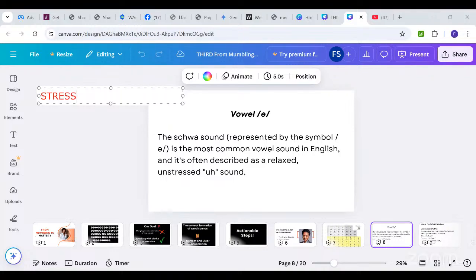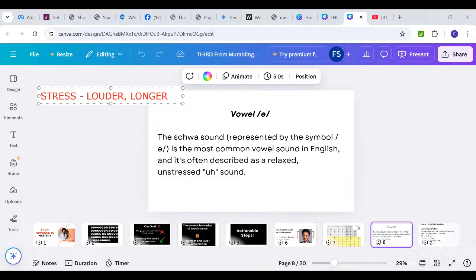In English, when we have a word that has more than one syllable, it is important that we stress a part of the word. So the syllable we are stressing is usually called the stressed syllable, while the syllable we are not stressing is usually called the unstressed syllable. So to stress a word means to say the word louder, longer, and clearer.